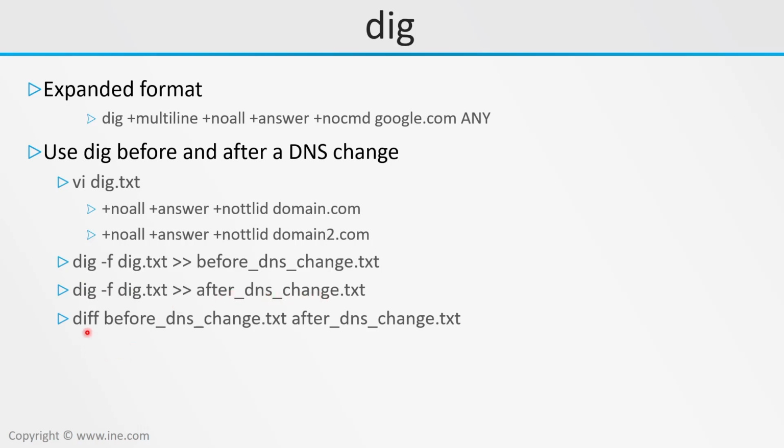And then if you're on a Unix platform that supports the diff function, you can do a diff before to the after, and then see using the diff feature what records had changed before and after our change. So it's a really nice way to validate that your DNS change was successful, and also if there's any major hiccups with any records that you may have not accounted for.